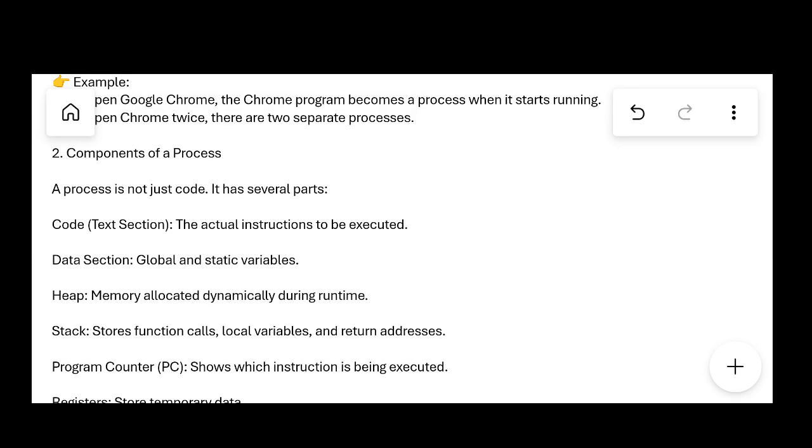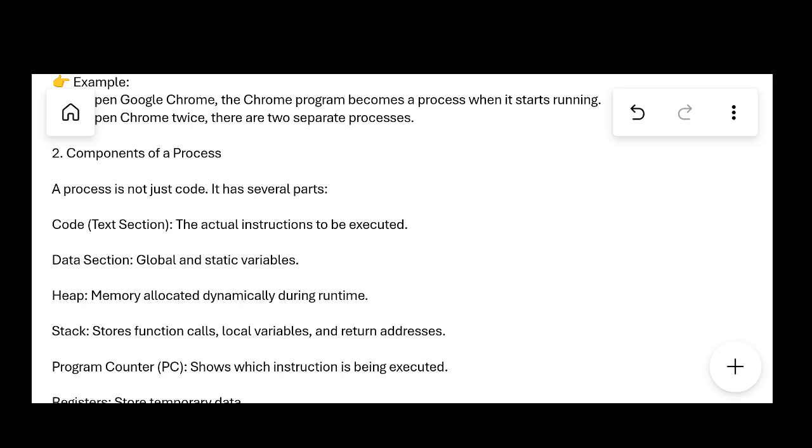So basically a process is not only code, it has multiple parts. Okay, first is code section, the instructions to be executed. Okay, and data section stores global and static variables. Okay, heap, memory for dynamic allocation during execution.